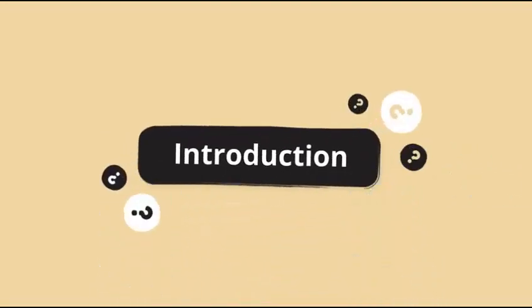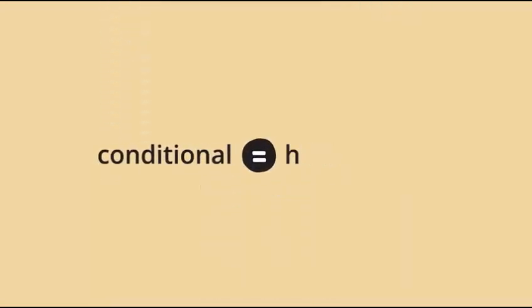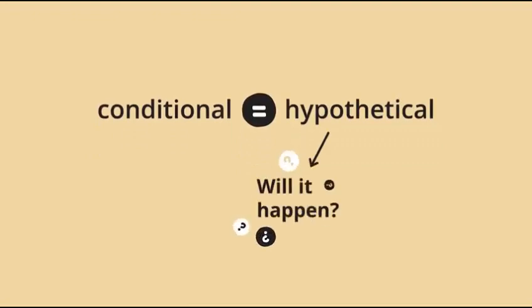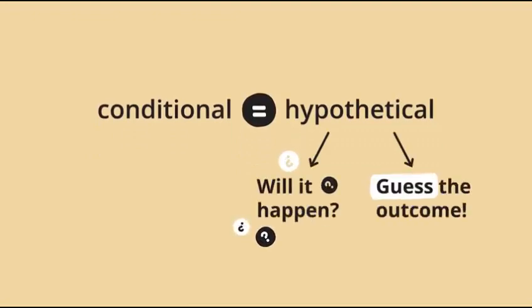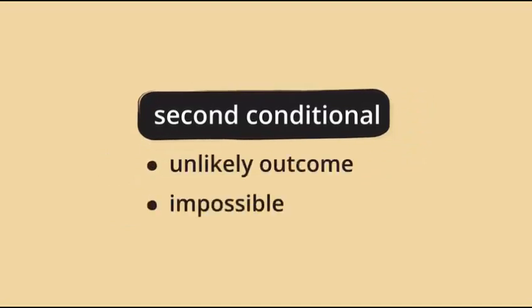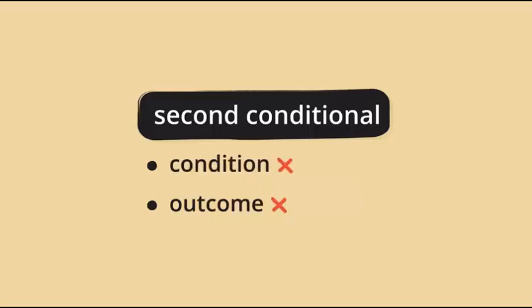What is the conditional mood in English? We use the conditional mood for hypothetical situations. When we don't know if something will happen, we make a guess about the outcome. What is the second conditional? We use the second conditional for an unlikely or impossible outcome. This means the outcome probably wouldn't happen because the condition can't or probably won't happen.